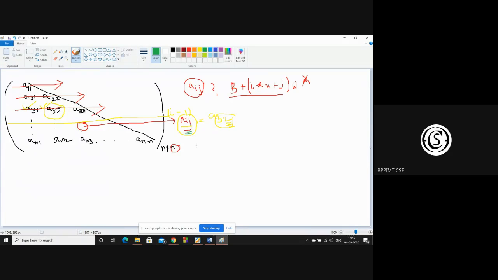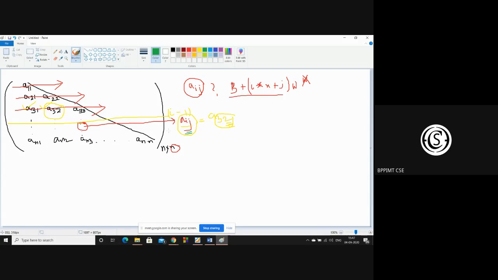At the ith row, there will be j number of entries. Clear? Yes, sir. Now, for the first row, we have to take the first element. For the second row, 2 elements. For the third row, 3 elements, as this is the lower triangular matrix.